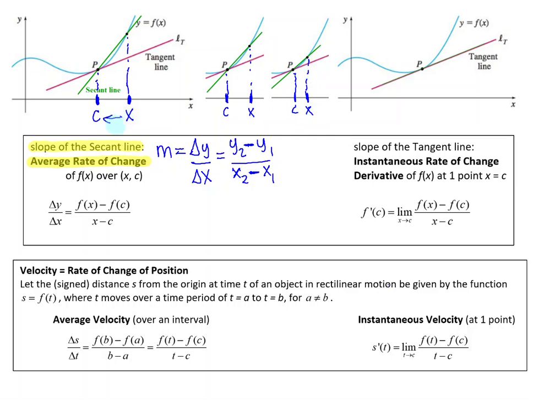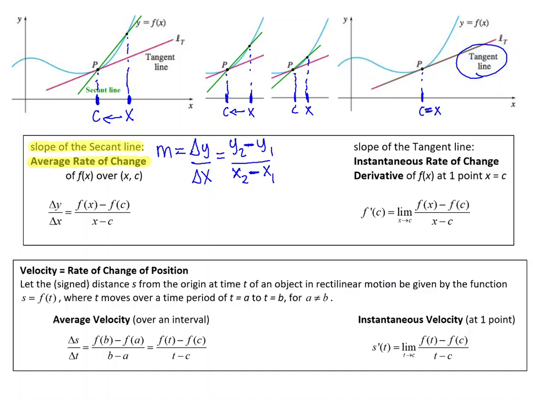This x value is getting closer to that c value. The change between them is closer and closer together, or there's less of a change. Finally, that c value is the same as that x value. And because the line touches at only one point on the curve, it's now called a tangent line.